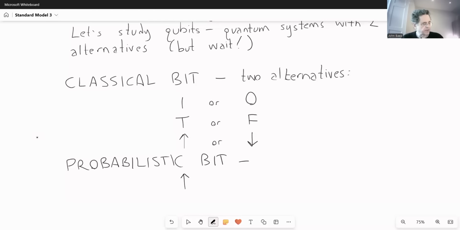So we could have up with probability p, p is some number, and we could have down with probability q, some other number. Now those numbers can't be just anything.